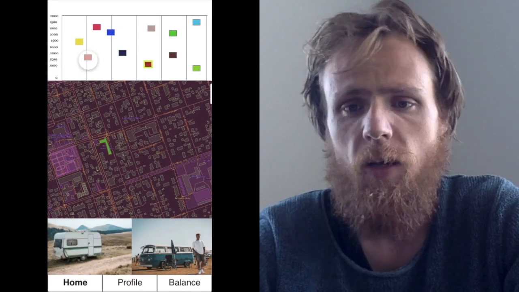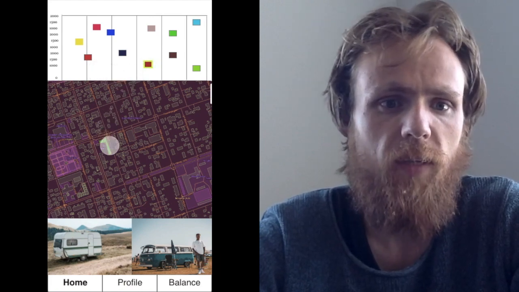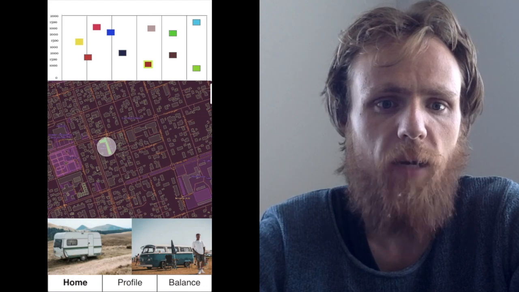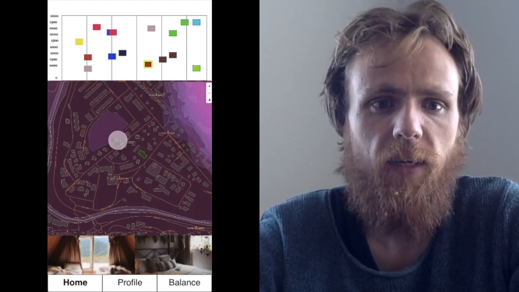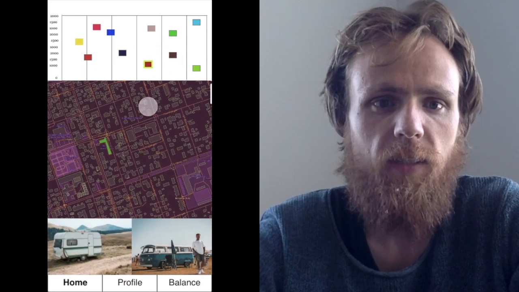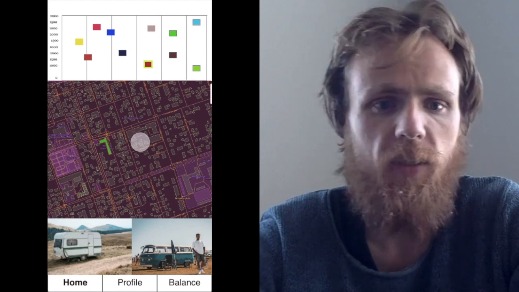So let's say I want this house, then I'm brought here with the map, and I can see some pictures underneath, and from here I can browse and see what my opportunities are.